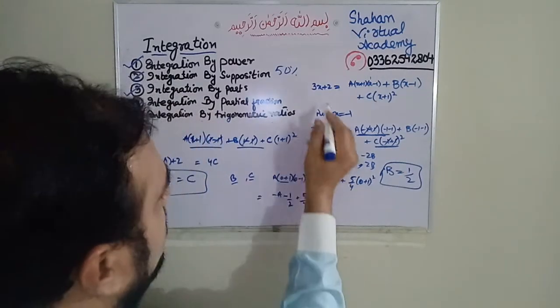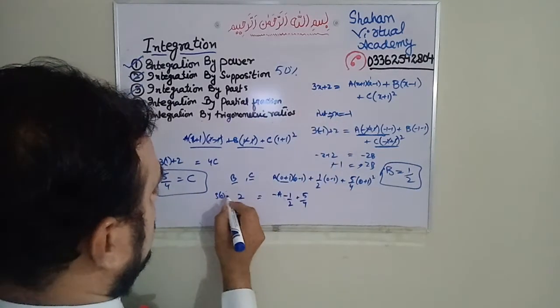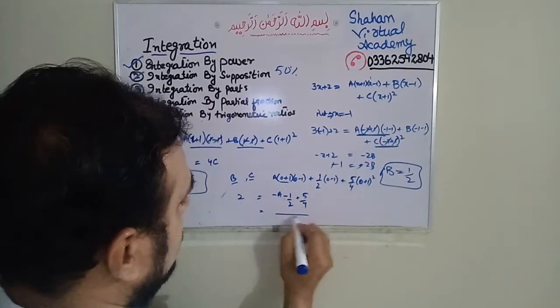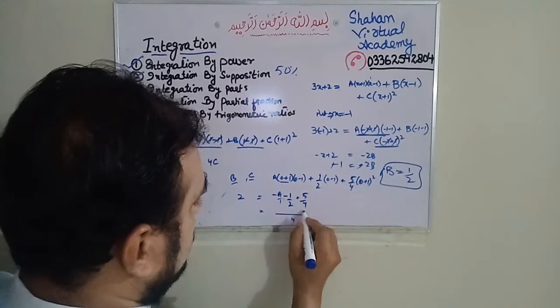We put the value 0 here, so it's 2, and 3x at 0 is negligible. So we take the value, 4 is the LCM.